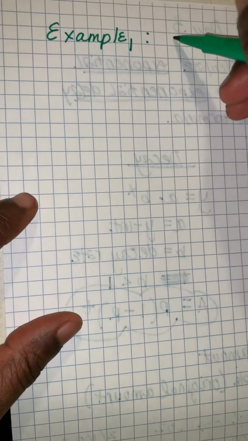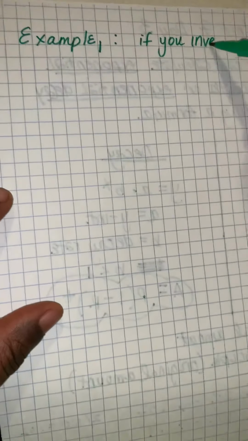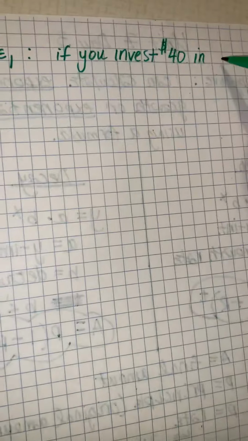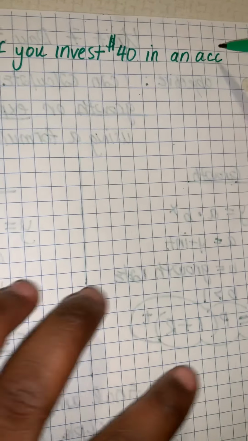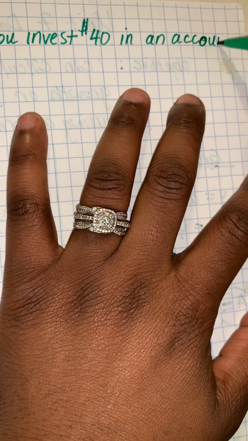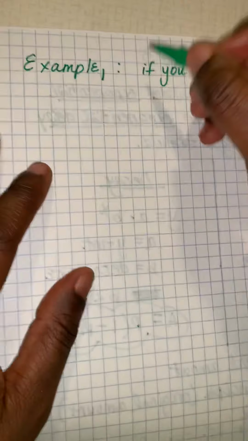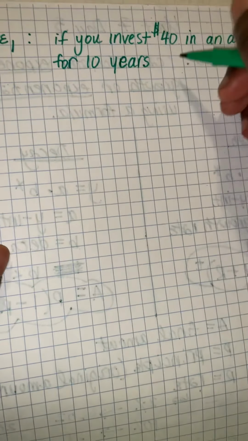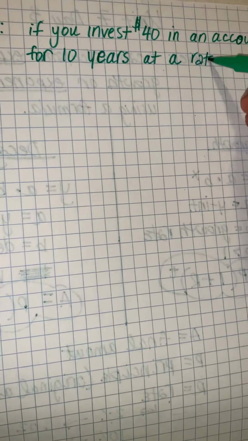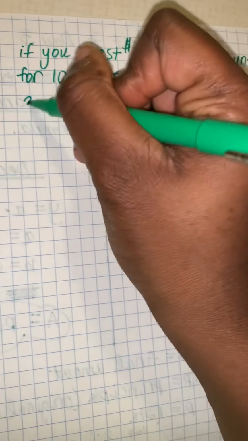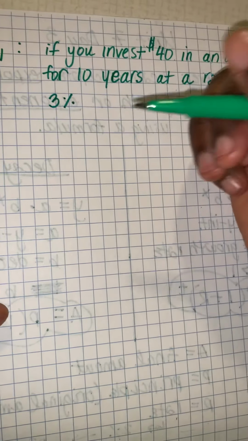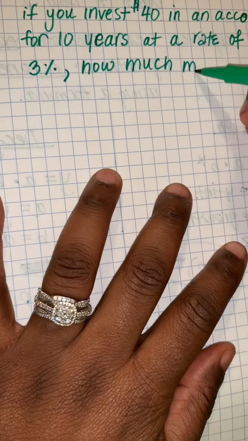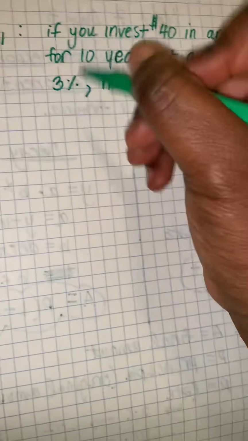This word problem says, if you invest $40 in an account for 10 years at a rate of 3%, how much money will you gain?